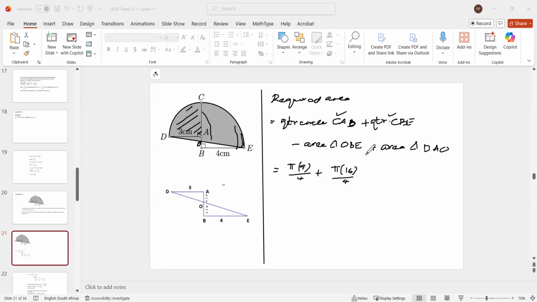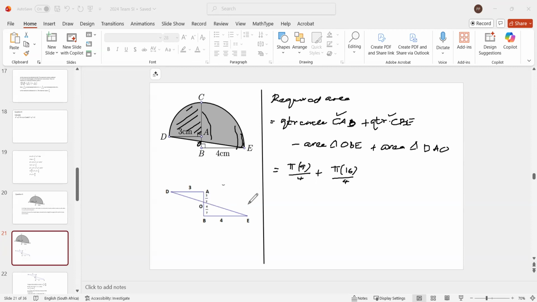Now you've got two triangles. I need to work out the difference between the areas of these triangles. They're very small here, so I've redrawn it here. You see? So I've got the same thing, DA and B, and I call that point O, there's O here. Now I need to work out the areas of these triangles because I must subtract this one, and add that one. Yeah, subtract OBE.